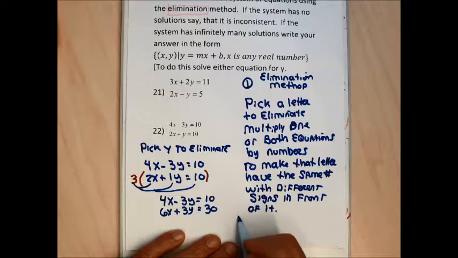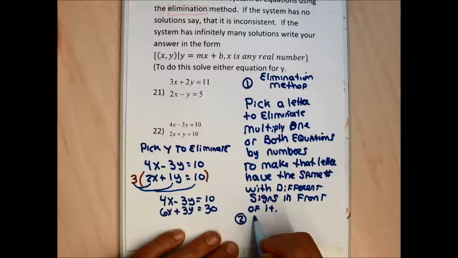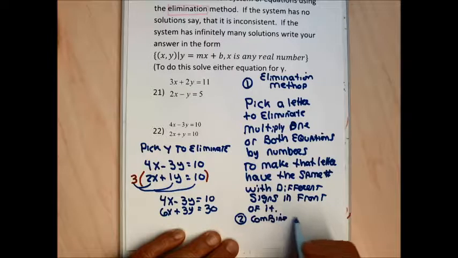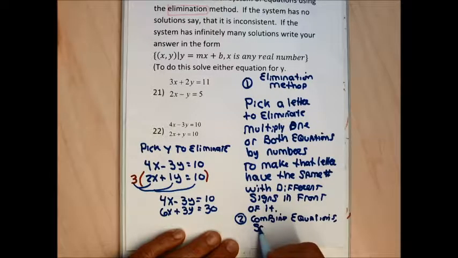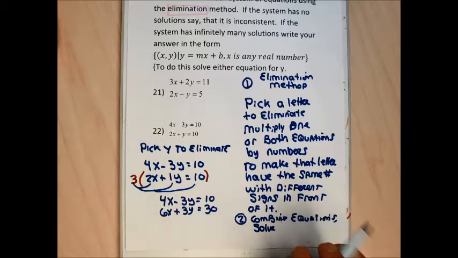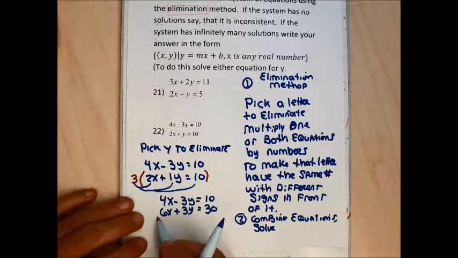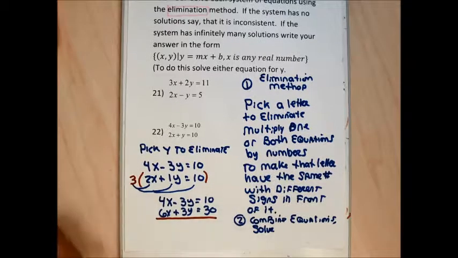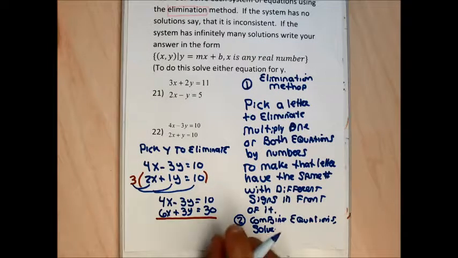Now I'm going to add the equations together. I'm going to combine the equations to drop out a letter. For step 2, I'm going to combine the equations and solve. The elimination method makes it so you can combine the equations by just adding them together. So I'm going to add together the two equations.